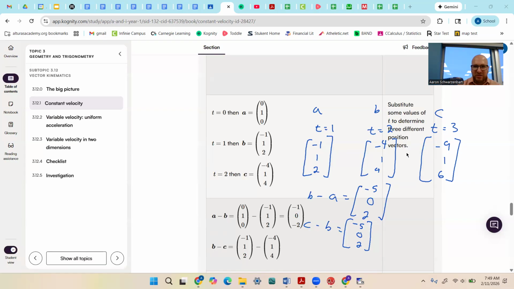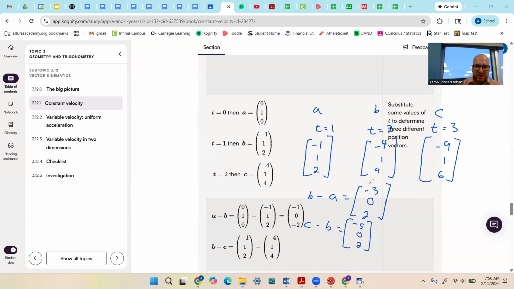Oh, -4 minus -1 isn't -5. It's -3. Since these are not the same, there is no unique slope.